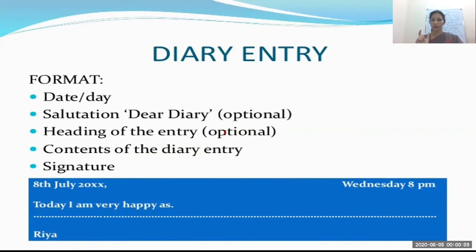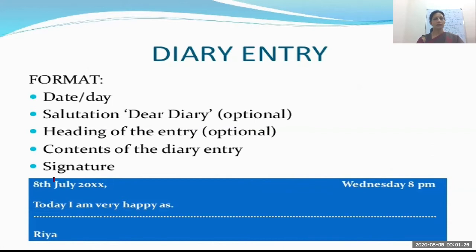So by reading this heading of the entry only, one can understand what you are going to describe in the body of the diary. Next, contents of the diary entry. Contents of the diary entry means the complete body of the diary, where you will describe the event or the incident. Then in the last, signature.